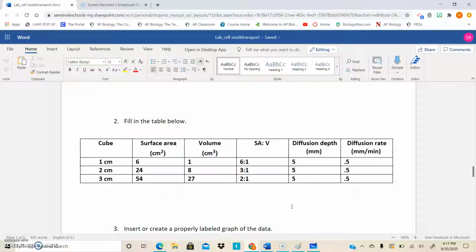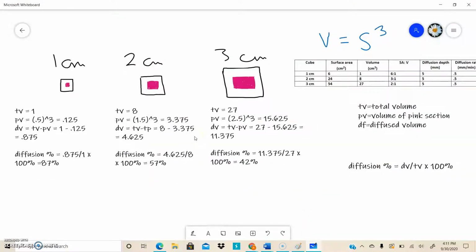When it comes to the diffusion depth, again, this column right over here, the measuring that you were supposed to do was indeed from the edge of the cube to the middle section, regardless of whether there is pink left or if there's no pink section left whatsoever. So again, the measuring should have been from the edge to the beginning of the pink section.